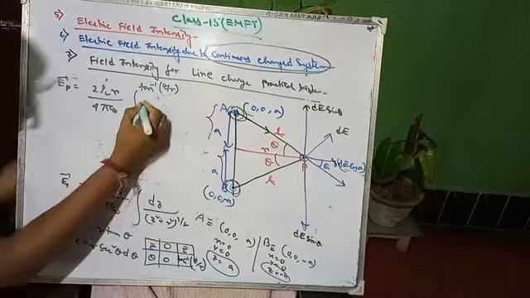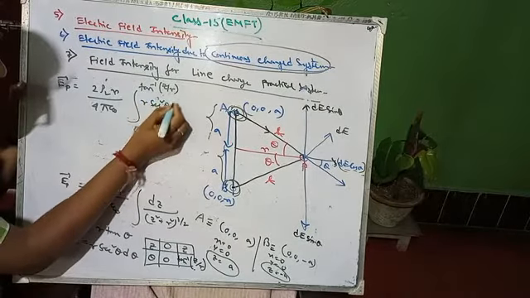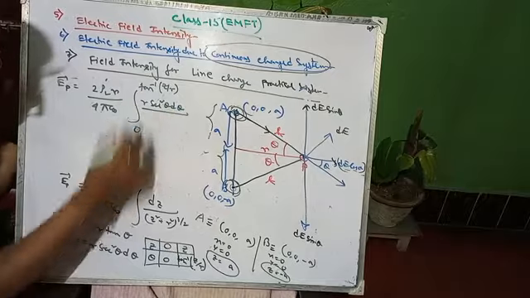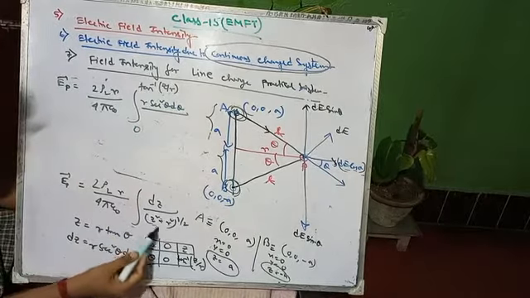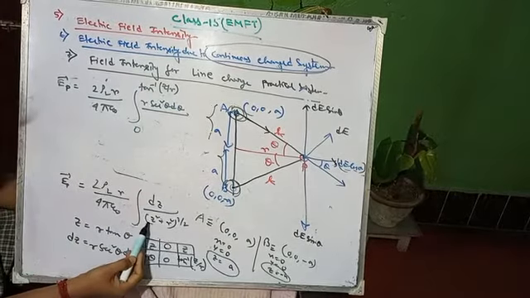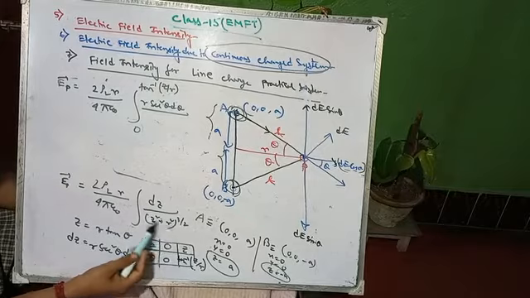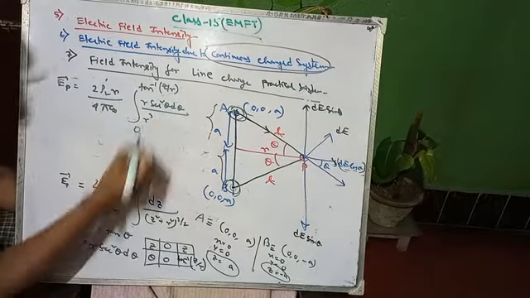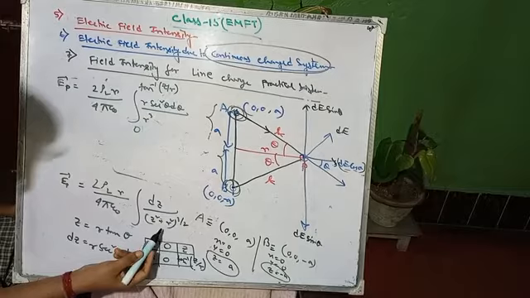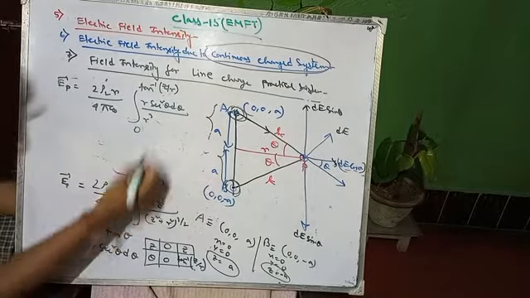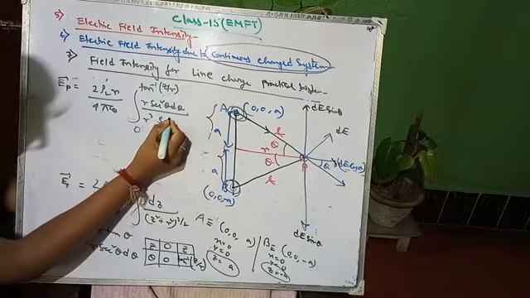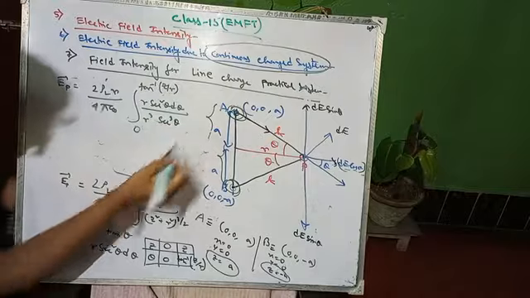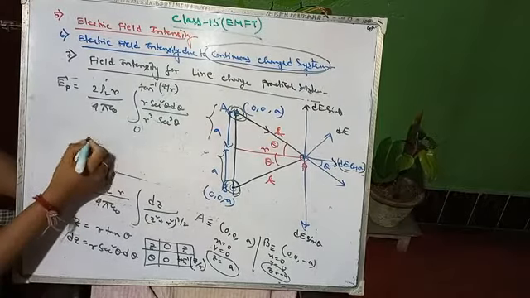What is dz? dz equals r sec square theta d theta, divided by, now if we put z equals to r tan theta, r square tan square theta, taking r square as common, and r cube outside, and 1 plus tan square theta equals to sec square theta, that is sec to the power 3 theta after calculation.